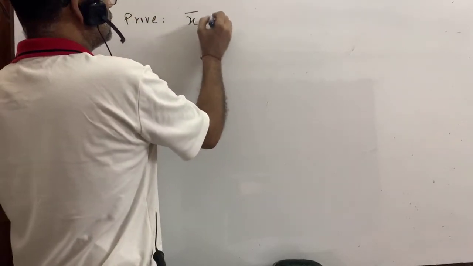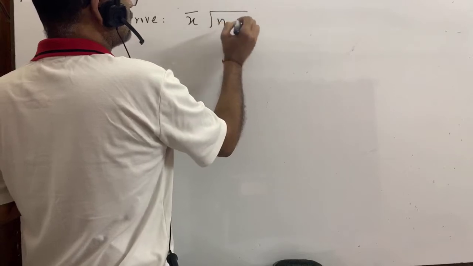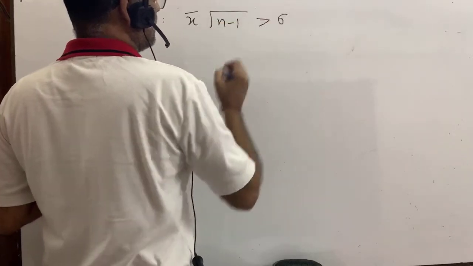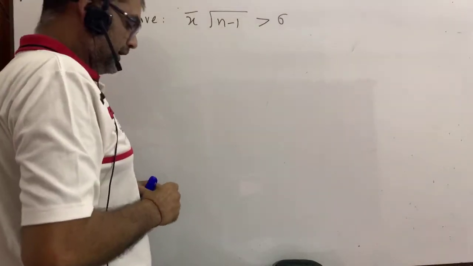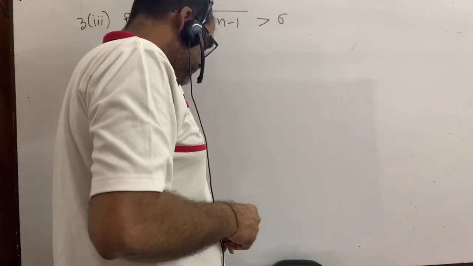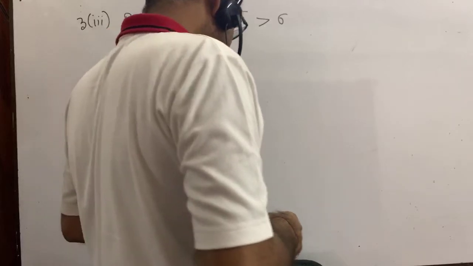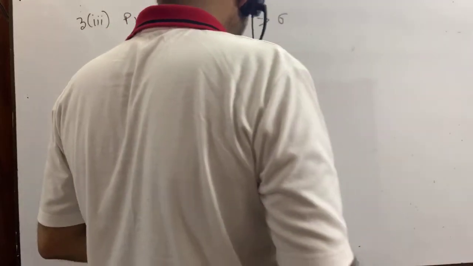x bar root over n minus 1 greater than sigma, where x bar is the mean. What is x bar? X bar is mean and sigma is the standard deviation of n positive numbers.